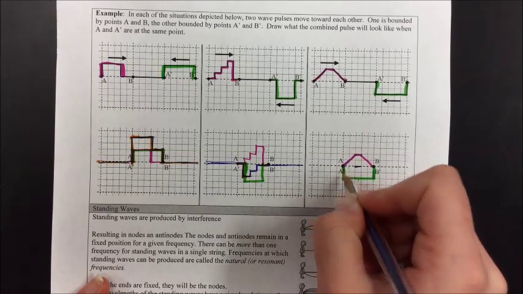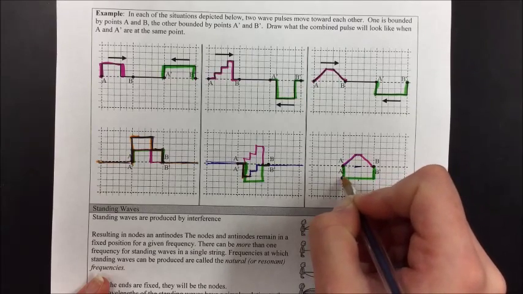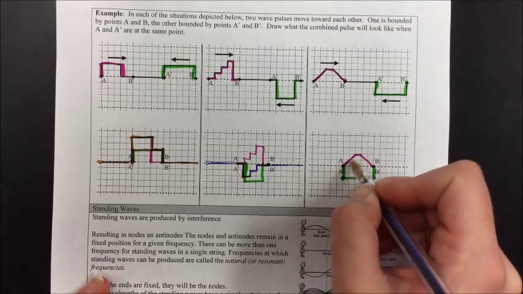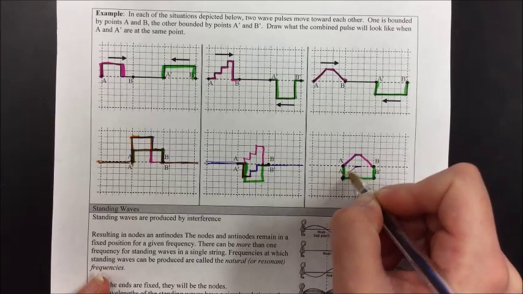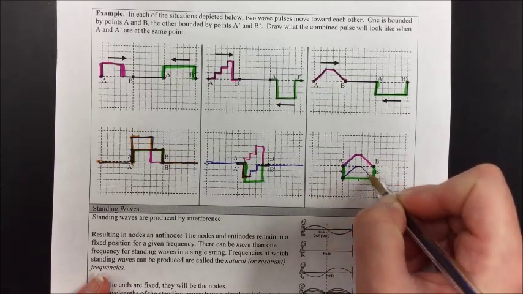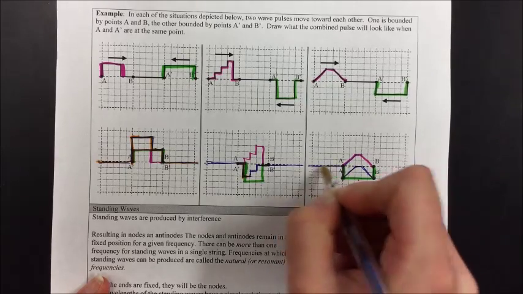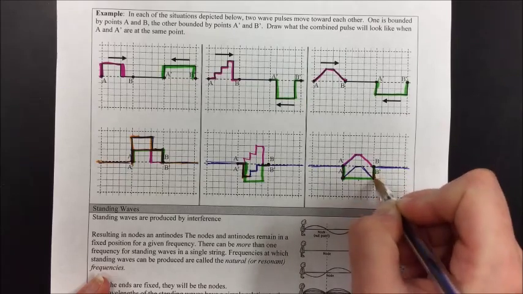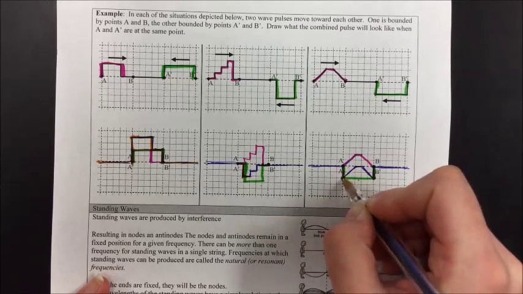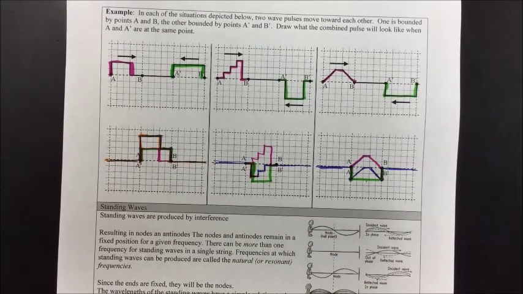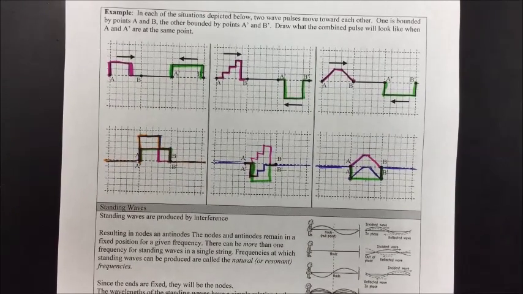The purple is at 0, the green is at 2, so it's going to stay here. And same thing here. And so this change, this is going to be 0. We're going to connect that angle, and then go back to our 0. So you have to look at each point individually and draw your new wave from there.